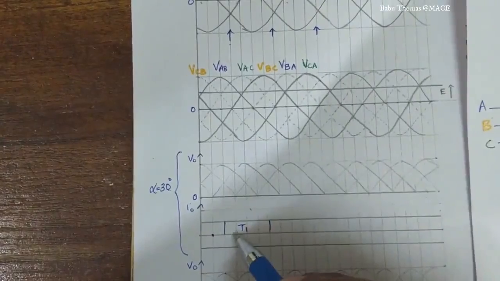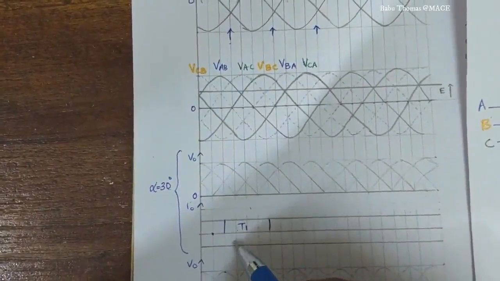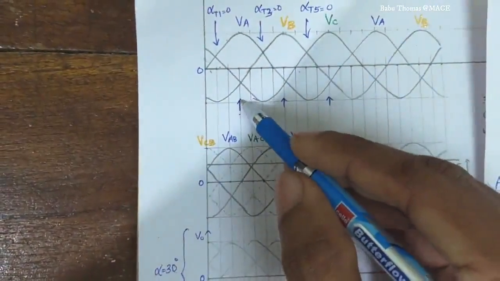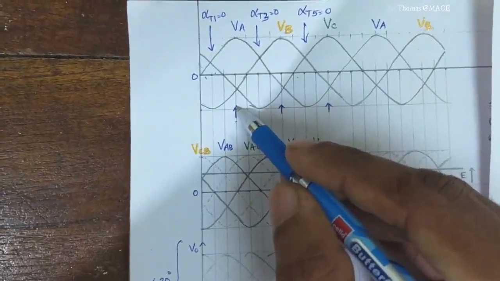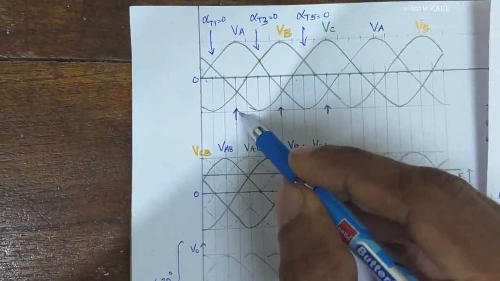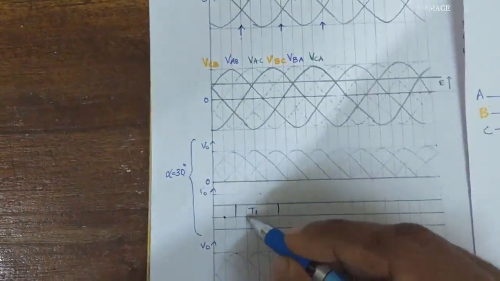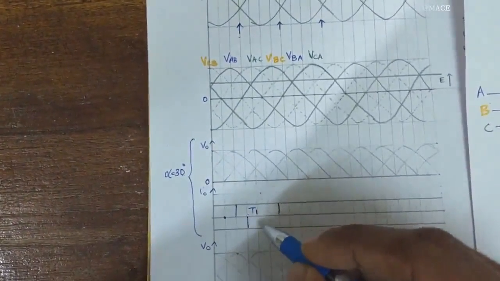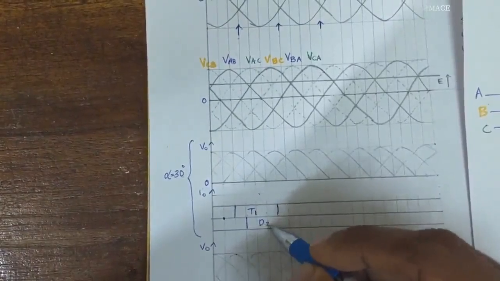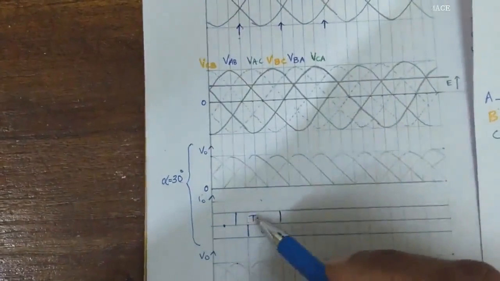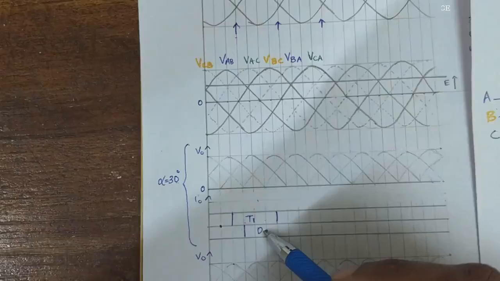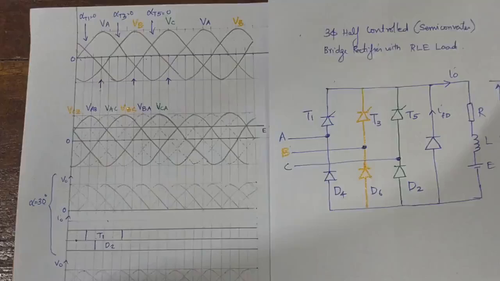And the diode D2 is an uncontrolled device, and it starts conducting at this instant. So here I can draw D2 is going to conduct. Now you can see that T1 and D2 are conducting.